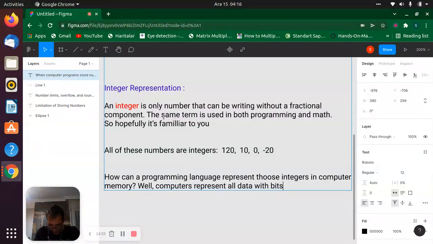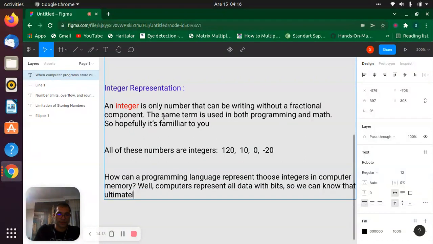So we can know that ultimately each of those numbers is a sequence of zeros and ones.